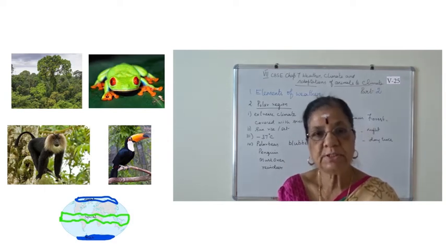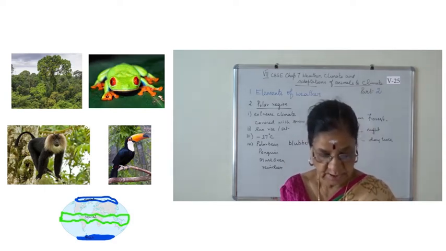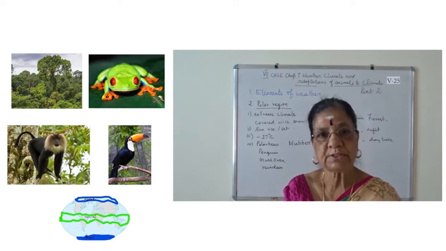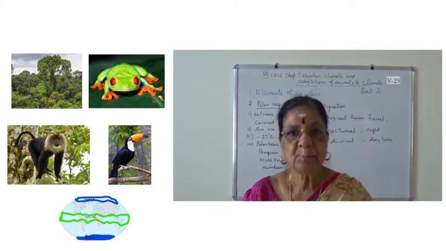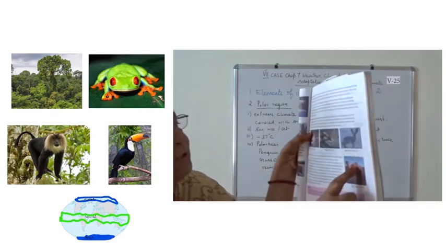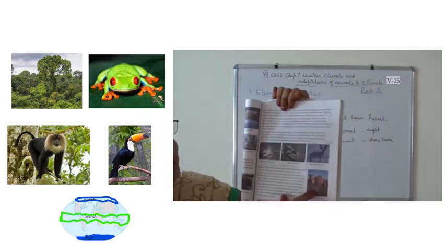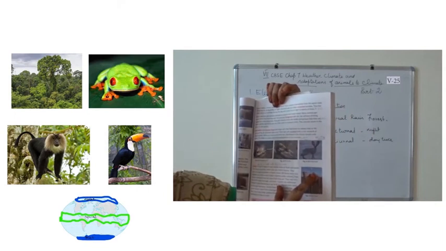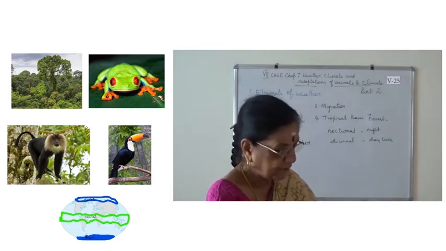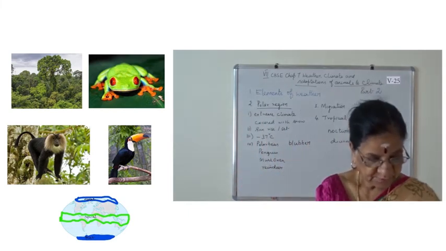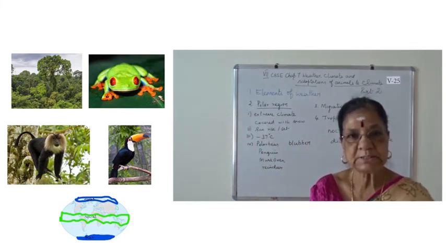They can go for days or even weeks without food and water. And their hump stores fat. This is the camel, this is the hump. So their hump stores fat, which acts as a food reserve.